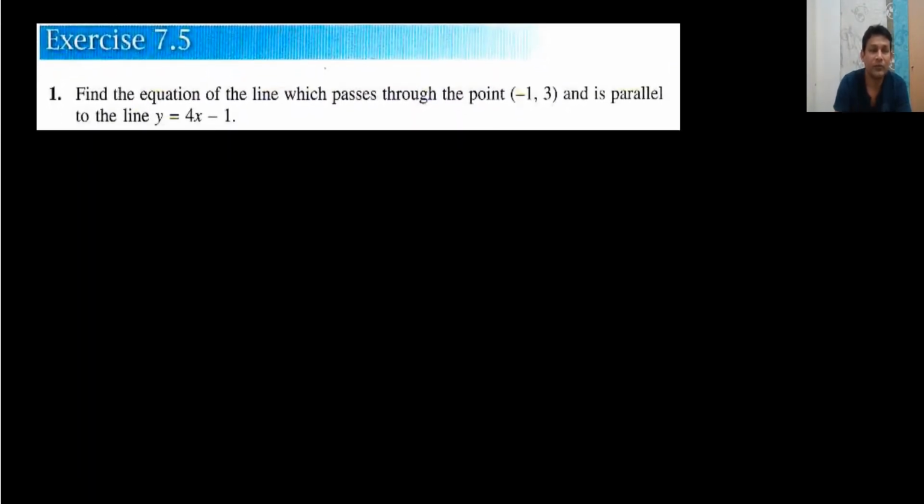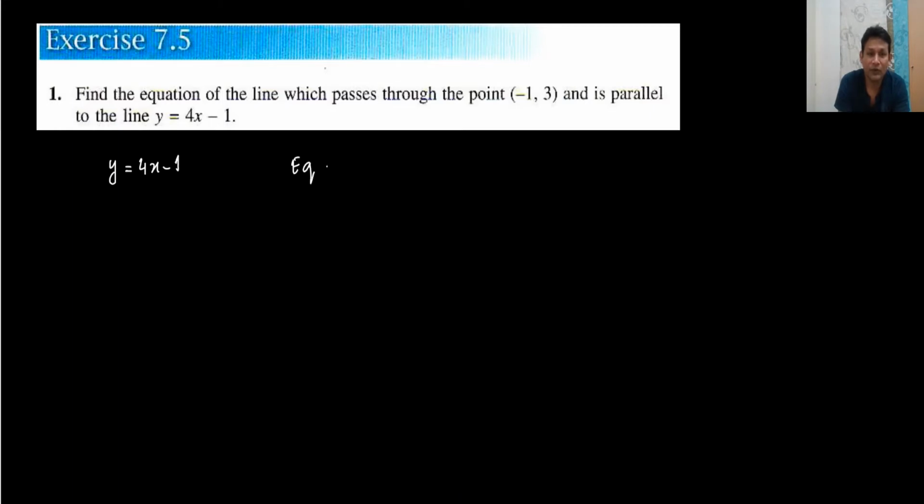7.5 question number 1: the equation of the line is passing through (minus 1, 3) and parallel to this line. So first of all, we have a line y equals 4x minus 1, and we have to find the equation of a second line.